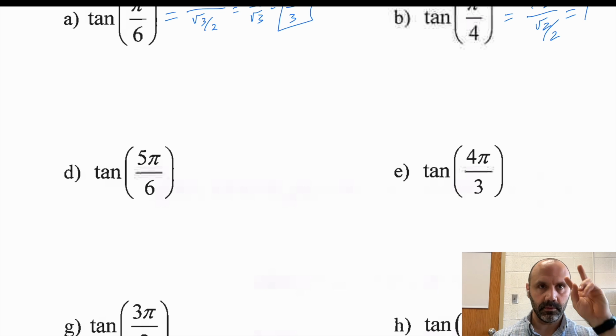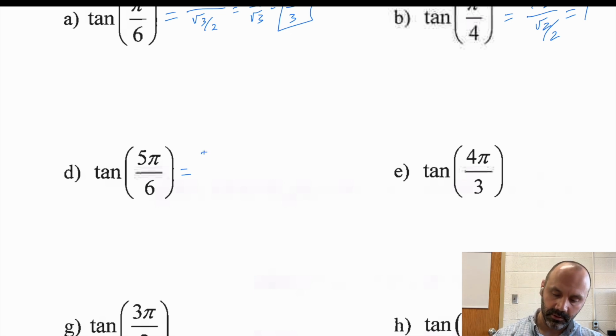I encourage you to really work on that ability to go back and forth between them. So anyway, that has a positive sine, small sine coordinate. So positive 1/2, and negative root 3 over 2. Okay, and so this is going to be negative root 3 over 3.